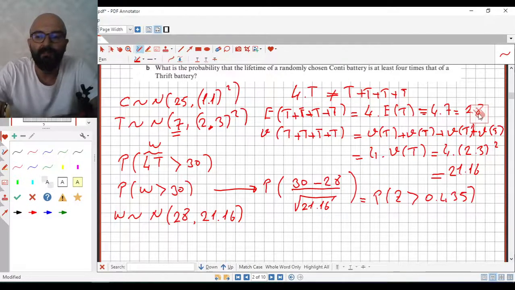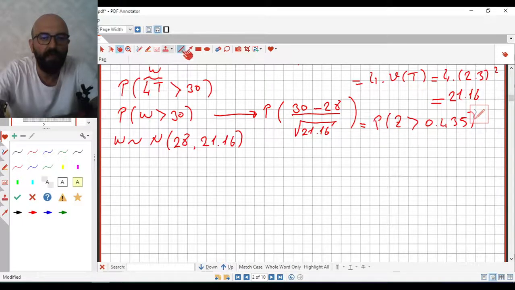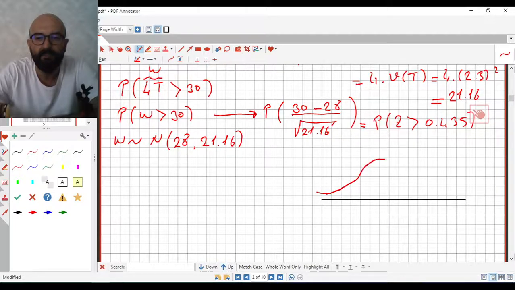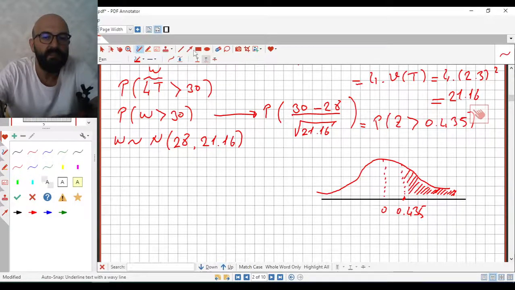0.435, and I want to draw a normal graph, a symmetrical graph, with the middle point 0 and 0.435 here, and we want to find Z greater than 0.435. This area is the small area.